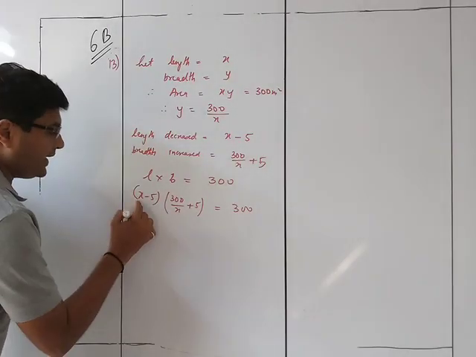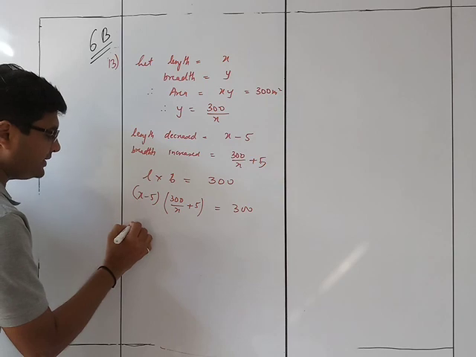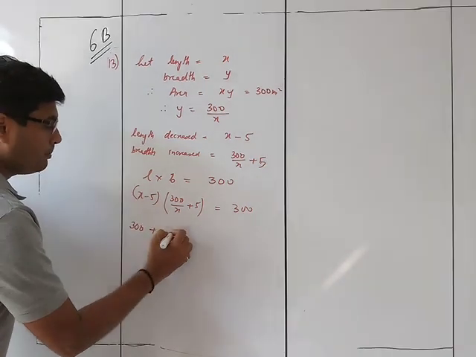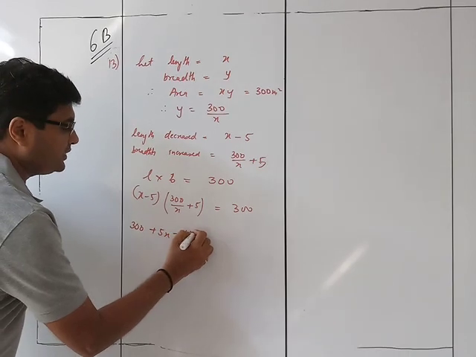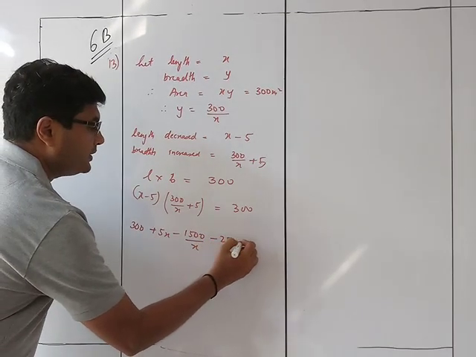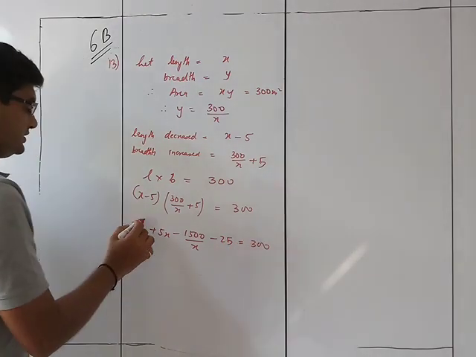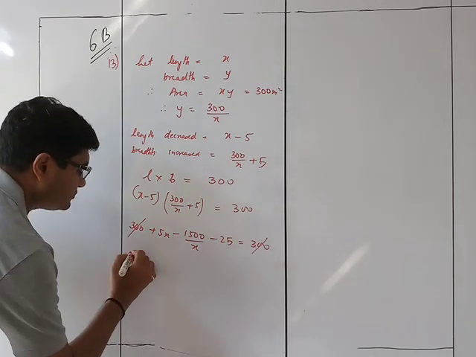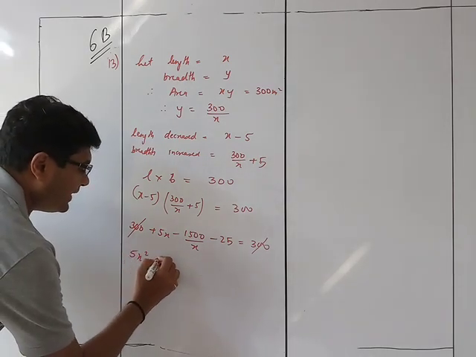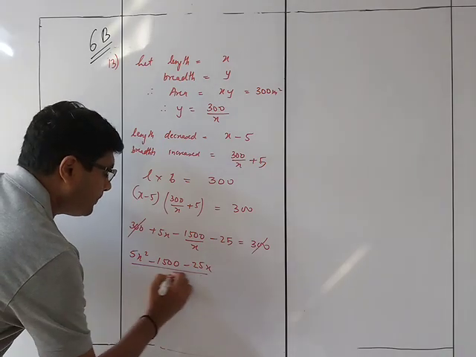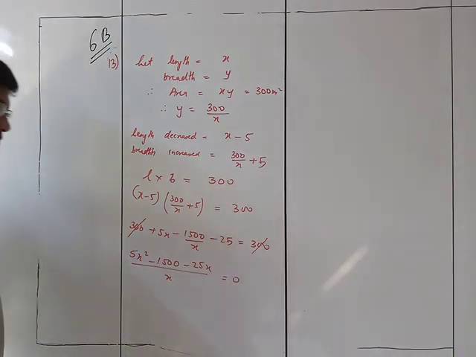Multiplying, we get over here x into 300 upon x is just 300. So 300 plus 5x minus 1500 upon x minus 25 is equal to 300. So this 300 and 300 gets cancelled. You take the LCM over here, it becomes 5x square minus 1500 minus 25x whole upon x is equal to 0.